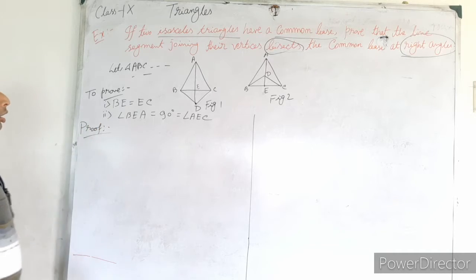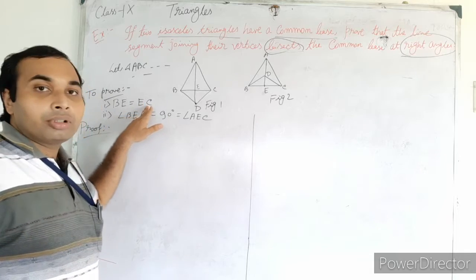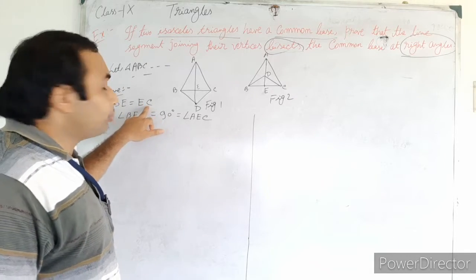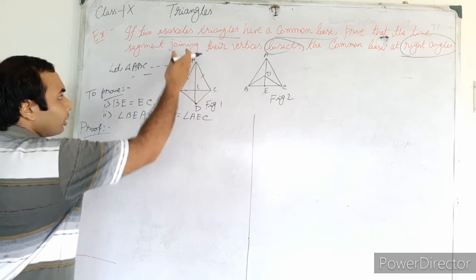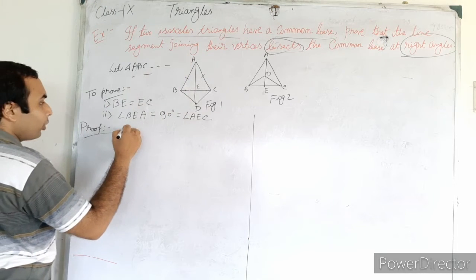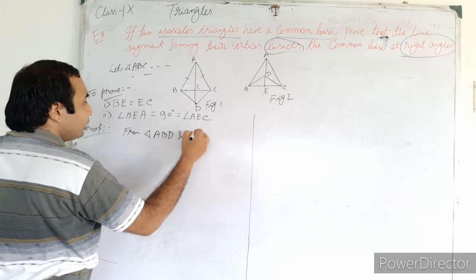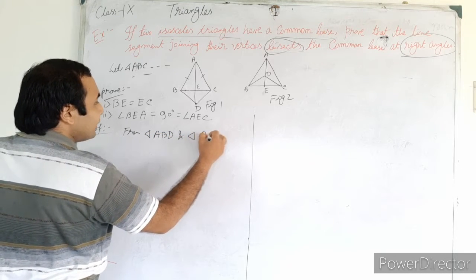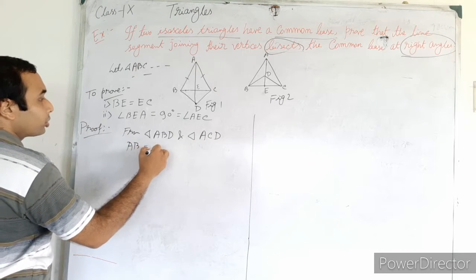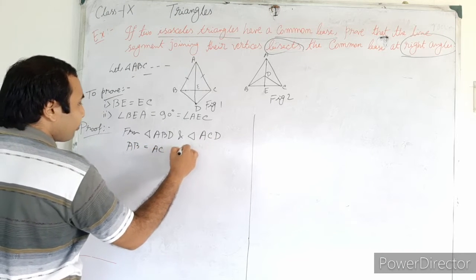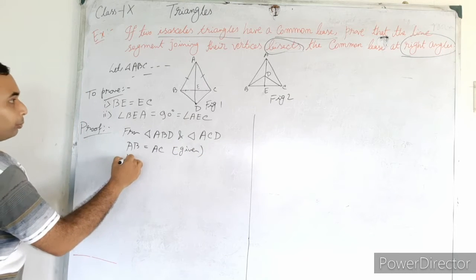Proof. First of all, we will try to prove point number 1, that is BE is equal to EC. Here we will consider those two triangles at first, triangle ABD and triangle ACD. What are we getting? AB is equal to AC, it is given because ABC is an isosceles triangle.